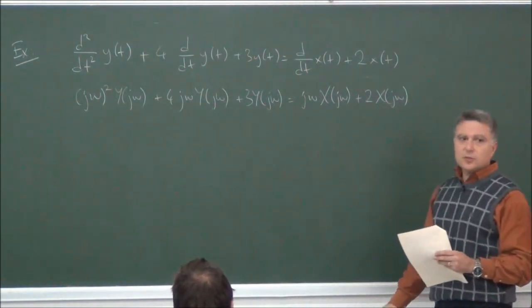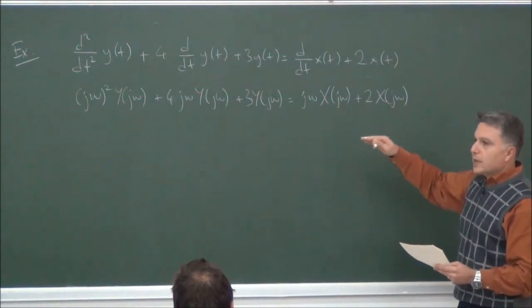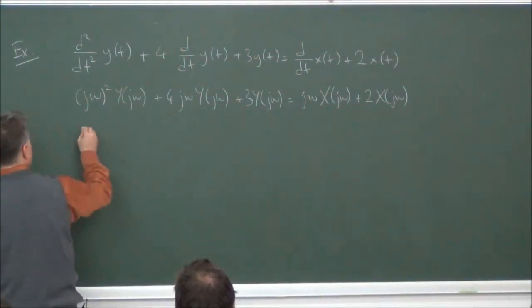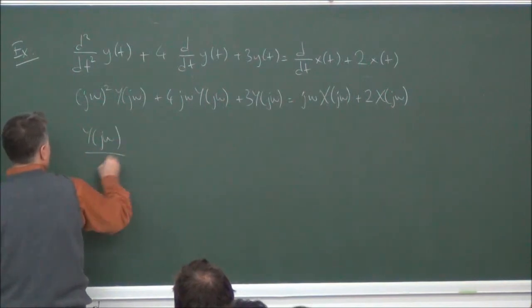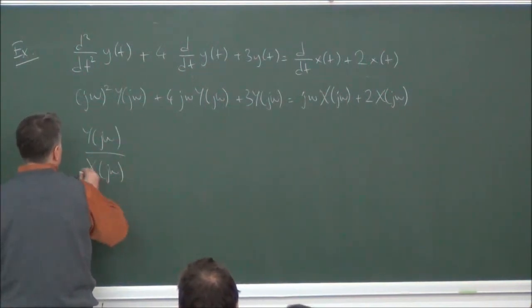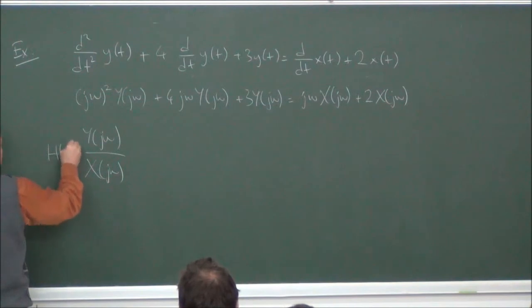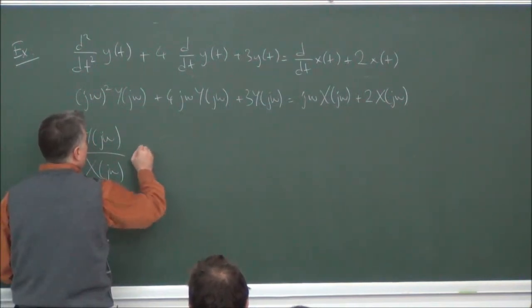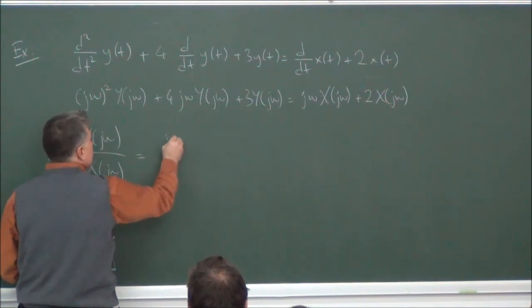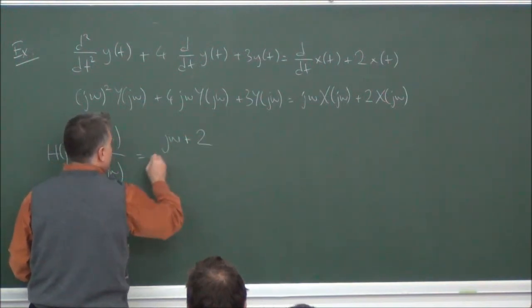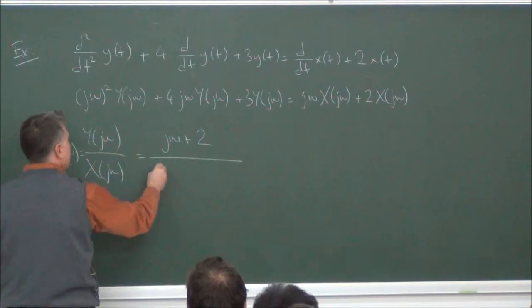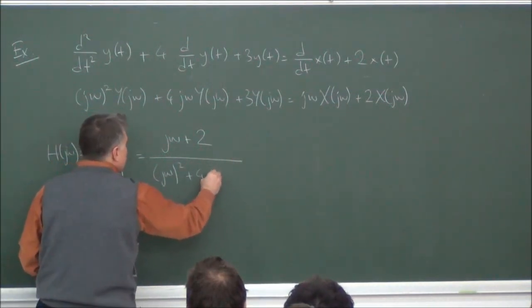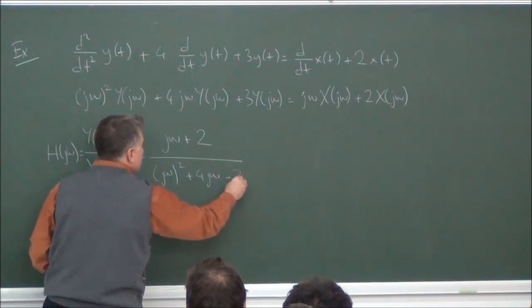Just put everything into parentheses and obtain Y(jω) over X(jω). That will give you H(jω) equal to (jω plus 2) over ((jω) squared plus 4jω plus 3).